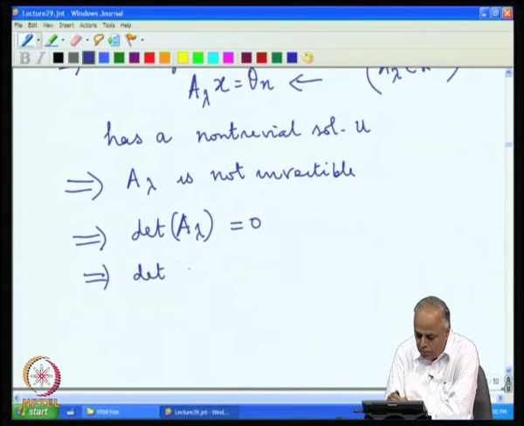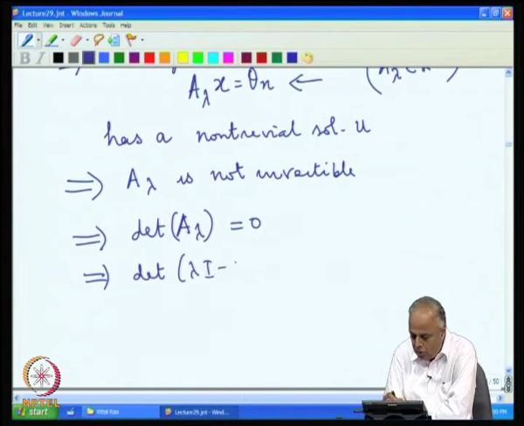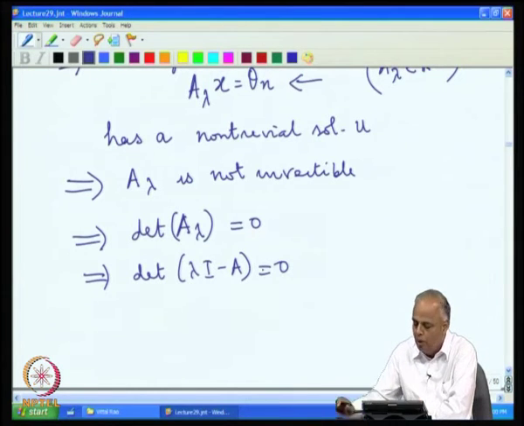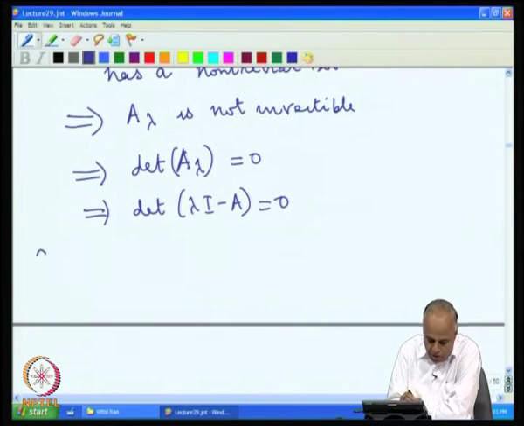A lambda was defined to be lambda I minus A. So, what is the conclusion that we have got?